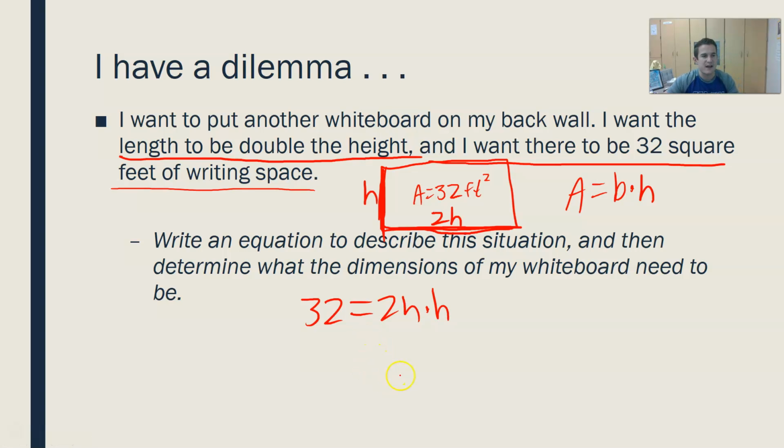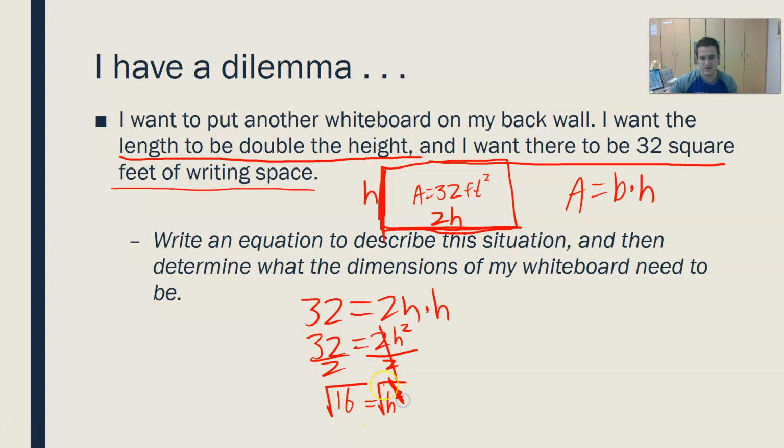Now, let's see if I can solve for what the height needs to be. So 32 equals 2h times h, which is h squared. So I'm going to go ahead and divide by 2 on both sides, which gives me h squared equals 16. How do I undo squaring something? I square root.